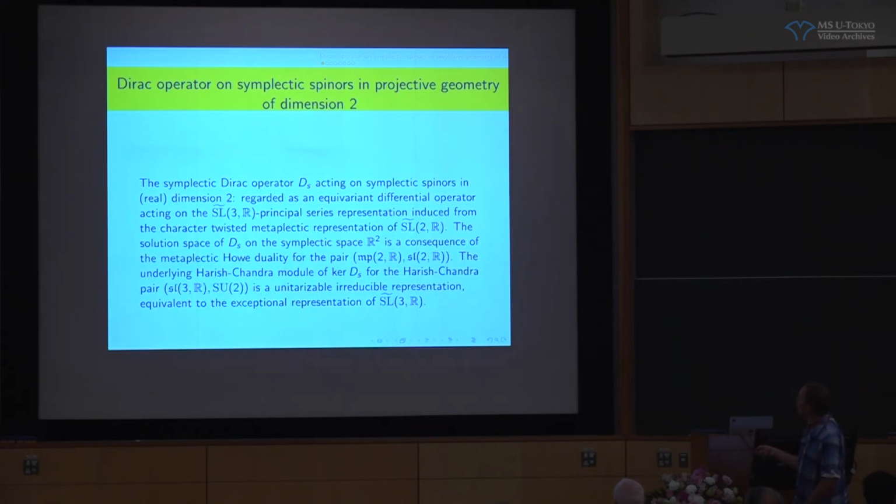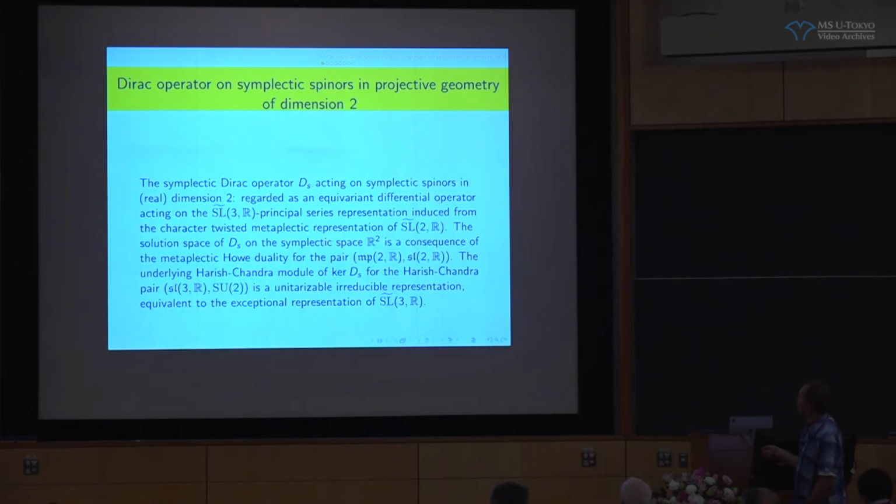So we will, using the F-method, prove that this operator is an equivariant differential operator acting on SL3R tilde. Again, as we did in the case of conformal geometry, where we passed from the special orthogonal group to the spin group, here we have to pass to the double cover of SL3R.